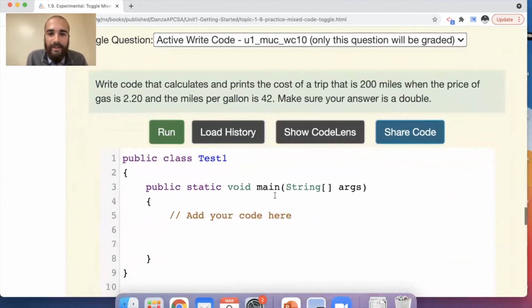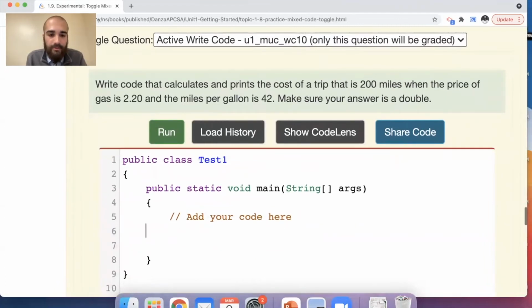All right. Write code that calculates and prints the cost of a trip that is 200 miles. So I'll say int miles is equal to 200. And the price of gas, so I'll say double gas is 220.